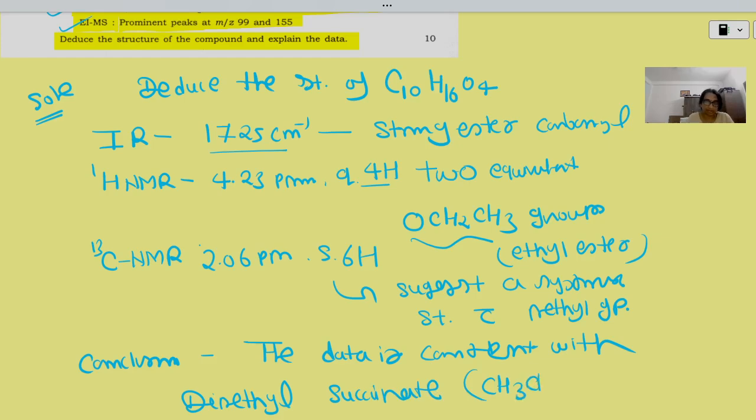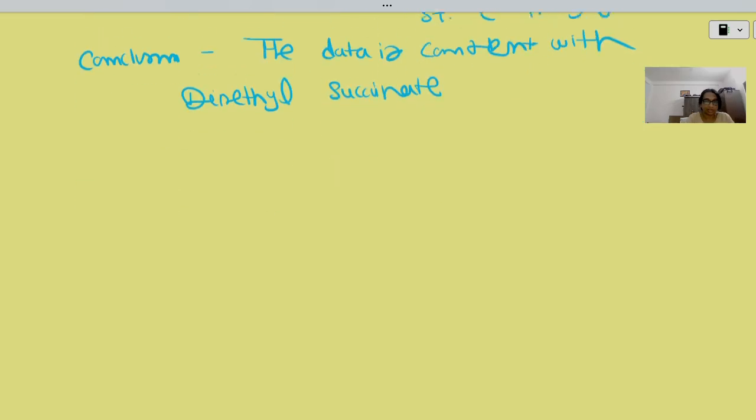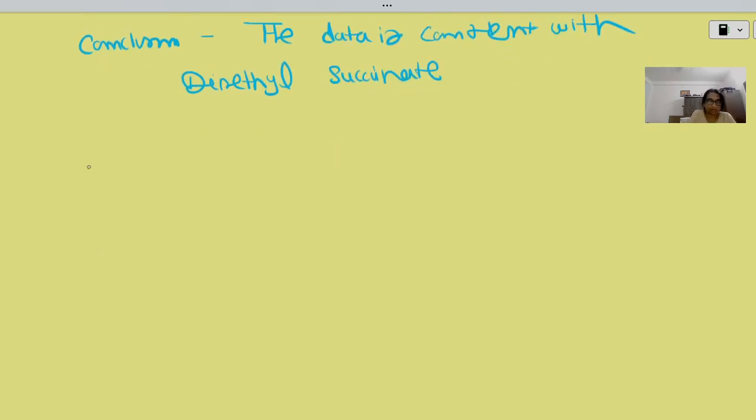The formula is CH3CH2OC(=O)CH2CH2C(=O)OCH2CH3. You can write it separately like that: CH3CH2-O-C(=O)-CH2-CH2-C(=O)-O-CH2CH3.